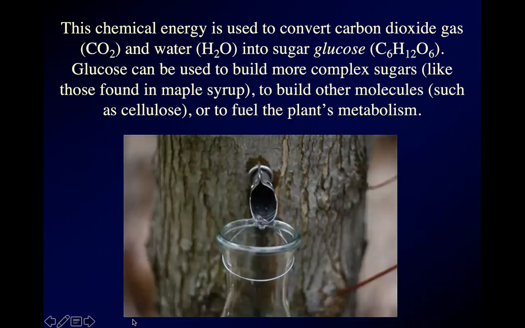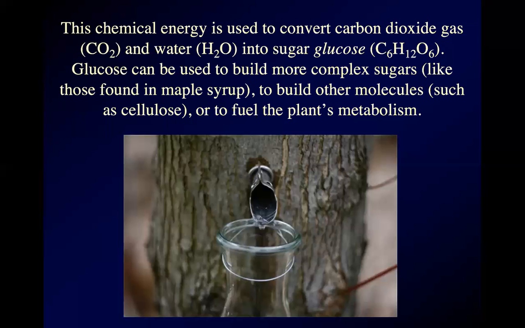Okay, that chemical energy that the plant harvests from light is used to take CO2, that's carbon dioxide, and water, H2O, and convert 6 molecules of each into a molecule of a simple type of sugar called glucose.